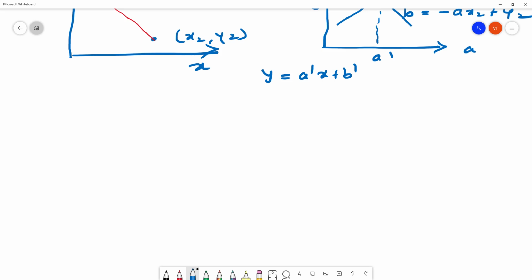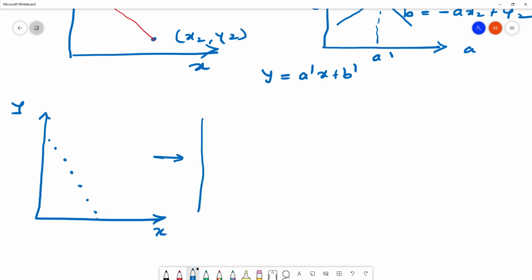For example, if this is your y and this is your x, and you have so many pixels in XY, how many points are there? 1, 2, 3, 4, 5, 6, 7.